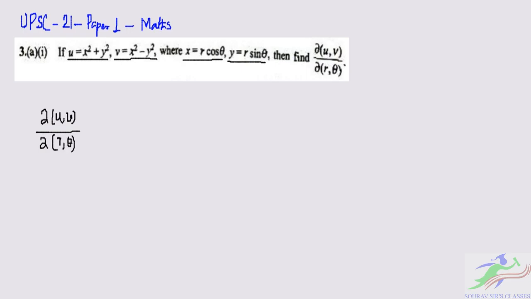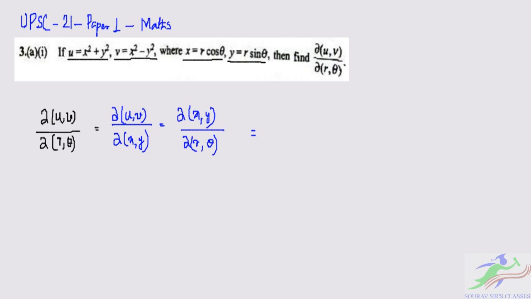So we can write this as del (u, v) by del (x, y) multiplied by del (x, y) by del (r, theta).